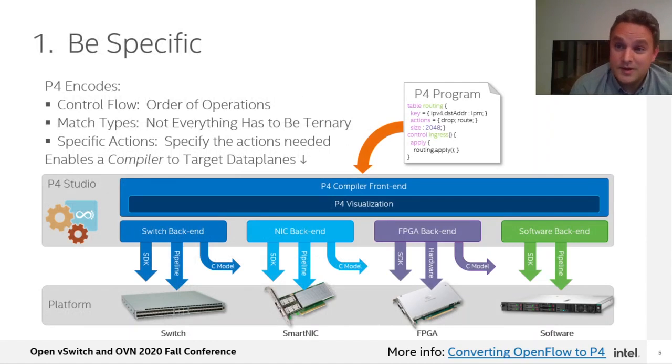So the first point I wanted to drill down into is how to be specific. So when we're more specific than what can be encoded in OpenFlow, we get these three key aspects, things that James talked about in the previous presentation.